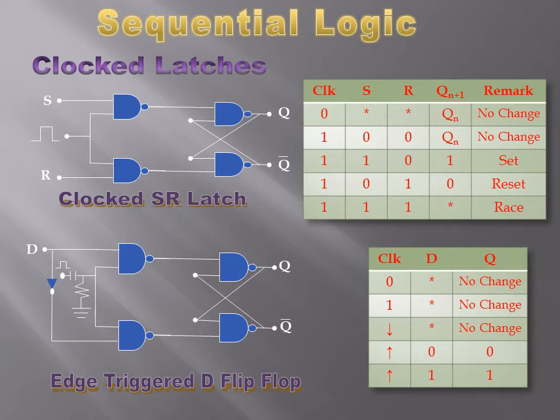In the same way, if the clock is moving towards high, and there is 1 at the input, the output will also be 1 in the perfect data type flip-flop.